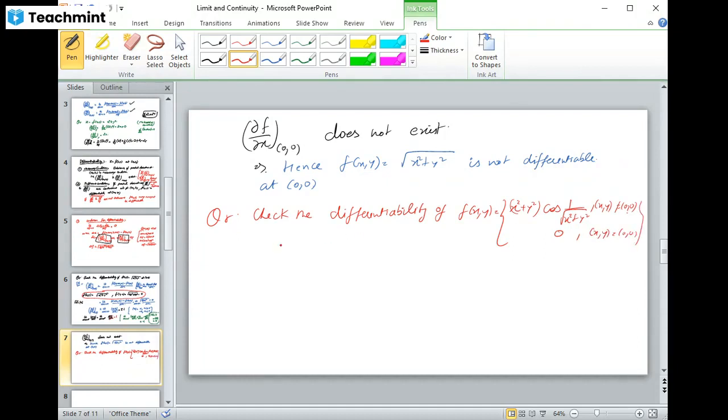So we want to check the differentiability of the function at the point (0, 0).